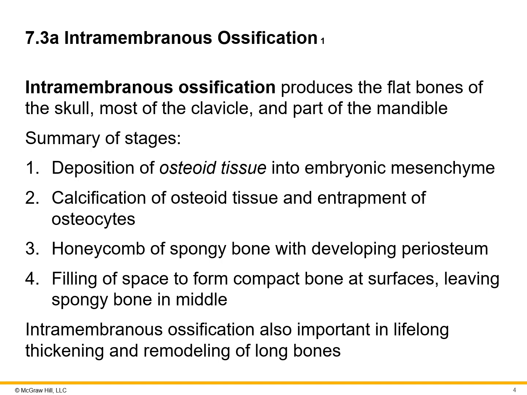Then we'll have the honeycomb of spongy bone with developing periosteum, and then the filling of space to form compact bone at the surfaces, creating a sandwich with the compact bone, then a layer of spongy bone in the middle, and another layer of compact bone. This type of ossification is very important in lifelong thickening and remodeling of long bones.